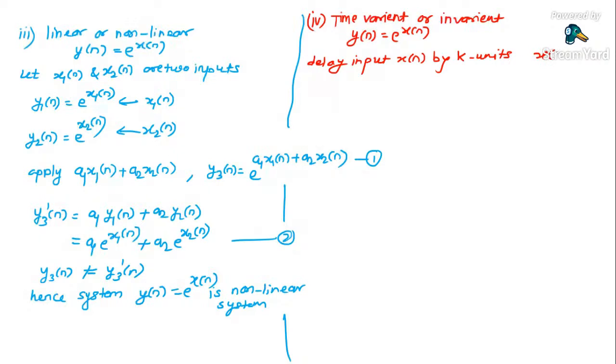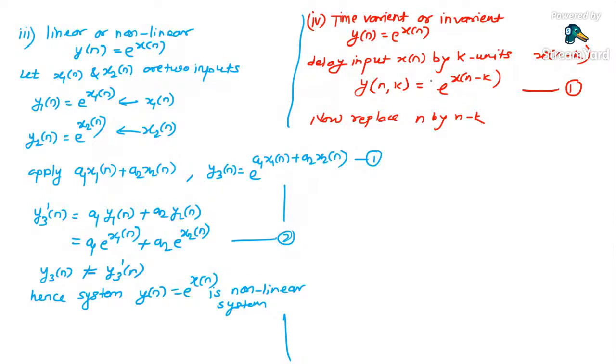So that is nothing but x of n minus k, and apply it to the system, so that y of n comma k is equal to e raised to x of n minus k. Equation number 1. Now replace n by n minus k in the equation y of n, so that y of n minus k is equal to e raised to x of n minus k.